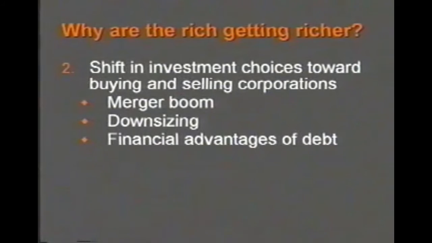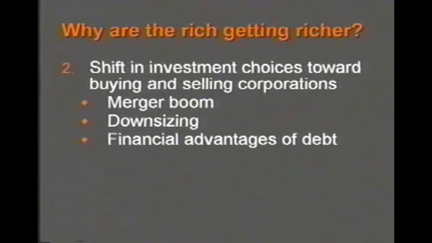There are a lot of tax benefits to buying companies out that I'll talk about in a second. And certainly we've gotten to the point where companies are buying each other out at a fast rate that we may not even have a Fortune 500 in a couple of years.